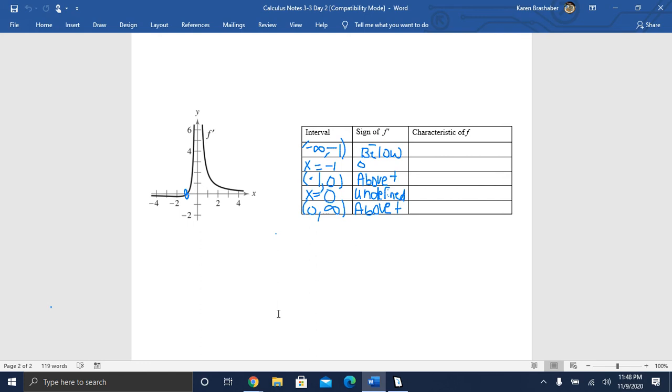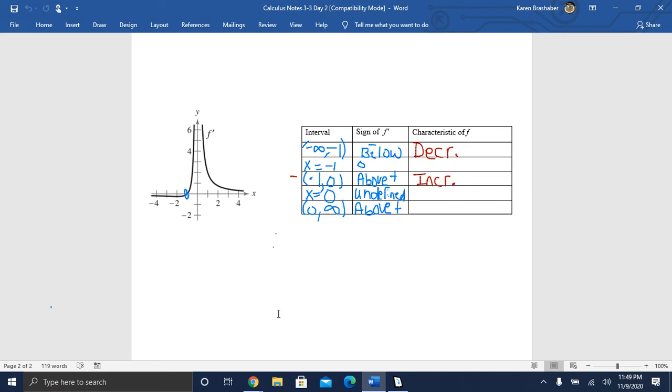And so if we take a look at the characteristics of f based on what we've discovered, since from negative infinity to -1 the derivative is negative, that means f will be decreasing. Going to our next interval from -1 to 0, with f prime being above the x-axis, the original function is increasing.